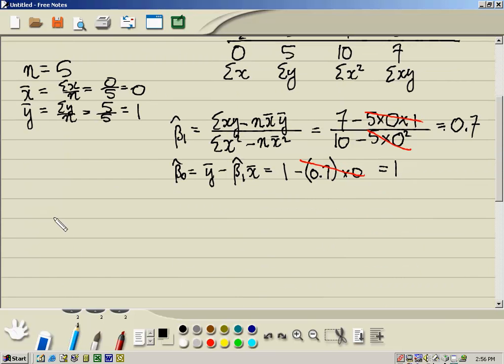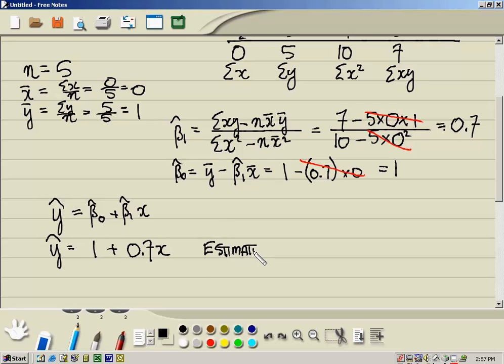Therefore our equation, which in general will be y hat is equal to beta hat 0 plus beta hat 1 times x, in our particular case will be y hat is equal to beta hat 0 of 1 plus beta hat 1 of 0.7 times x. And this is the estimated line or relationship or regression.